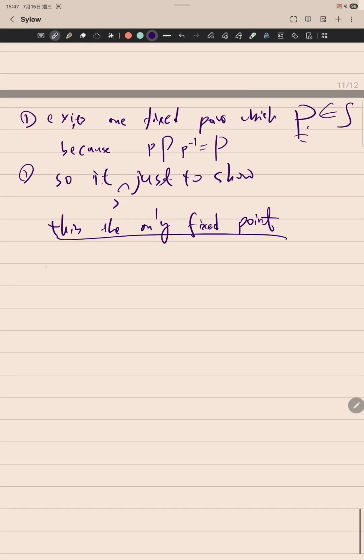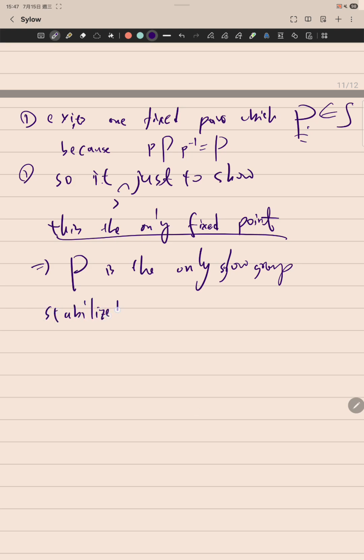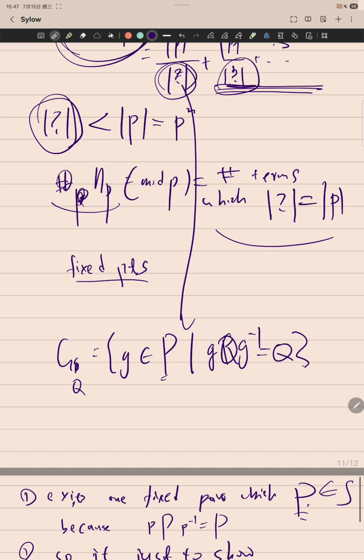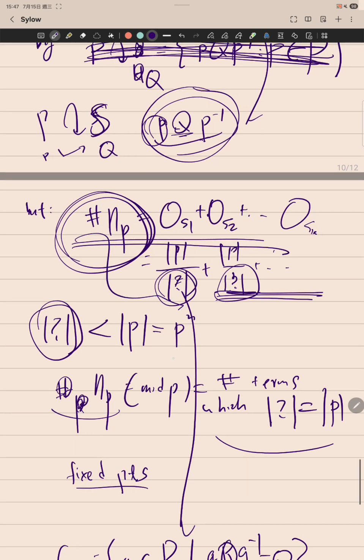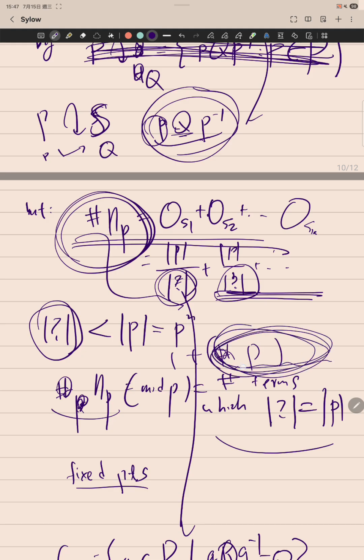So this is the only fixed point, meaning that P is the only Sylow group which is stabilized by this action. Because if this is true, if this is the only one, then you modulo P here, then you get 1 plus the rest of the terms. The rest of the terms is basically divisible by P.